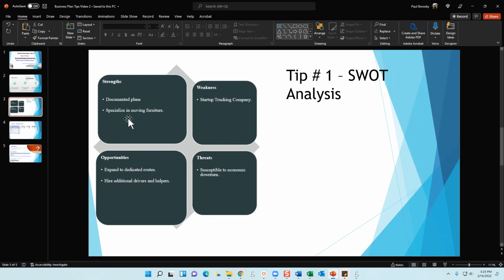Next, go ahead and identify some more of your strengths. Having documented plans is a good thing, but it's not telling the reader too much. Your subsequent strengths should really drill into the company and identify what you are going to be doing better compared to the competitors.